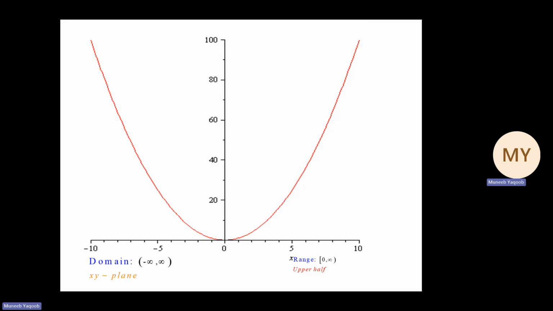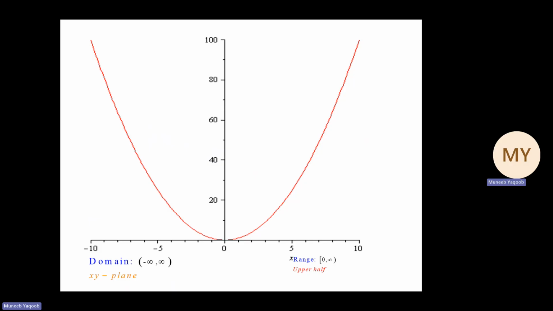If we analyze this graph, we can easily conclude that there is no restriction on the input values. We can put any value of x from x equals minus infinity to x equals plus infinity. Therefore, we can say that the domain of this function is from x equals negative infinity to x equals positive infinity.